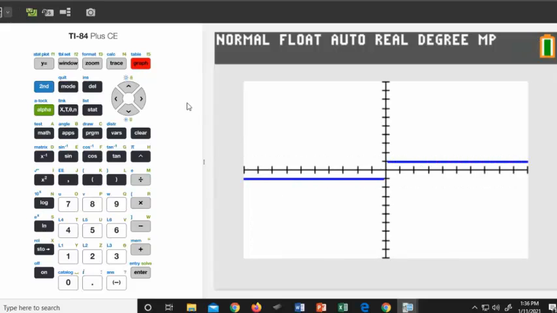Interesting. This looks like a piecewise function, does it not? From the left, this left piece is approaching a certain y value, and from the right, it's approaching a certain y value. But do they match? They don't match, do they?